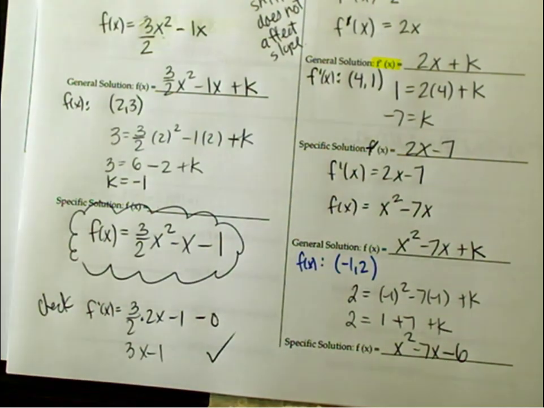Okay. Turn it over. Try question 3. Right, we're going all the way through 5.